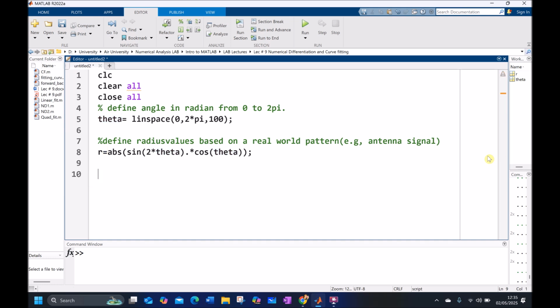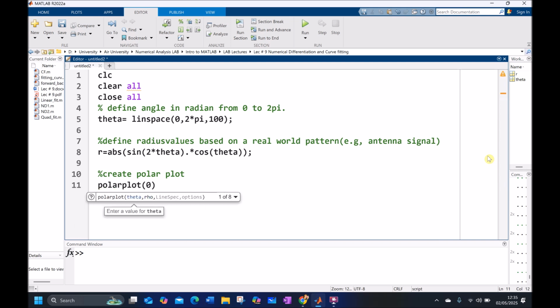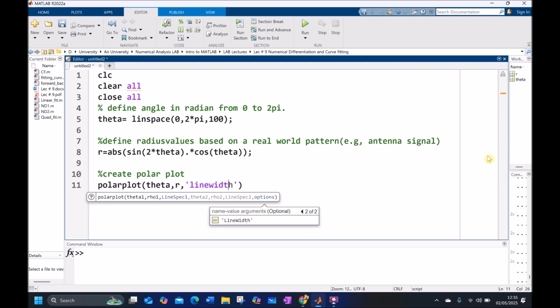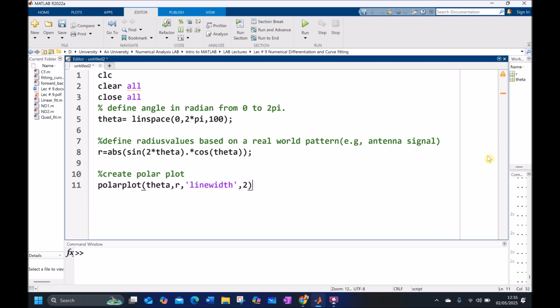After that, we need to create a polar plot. For that, I am using a built-in function polarplot, that is a two-dimensional polar plot. Inside we have theta and our radius, and I am setting my line width to 2.